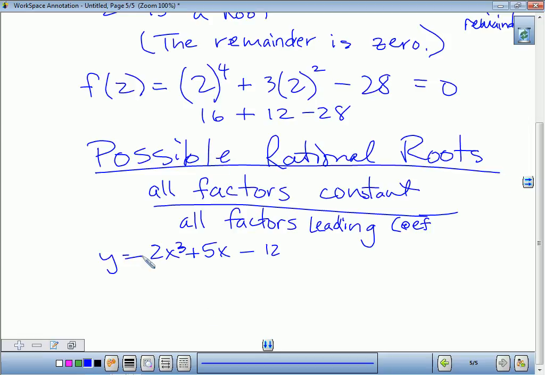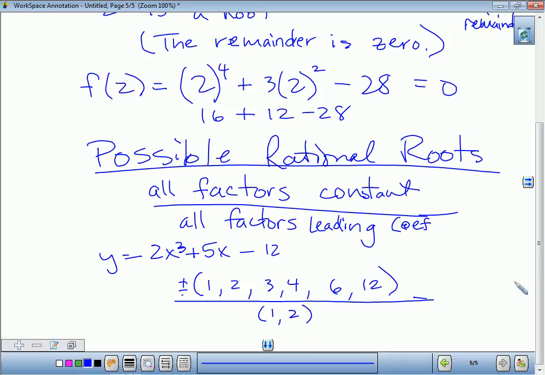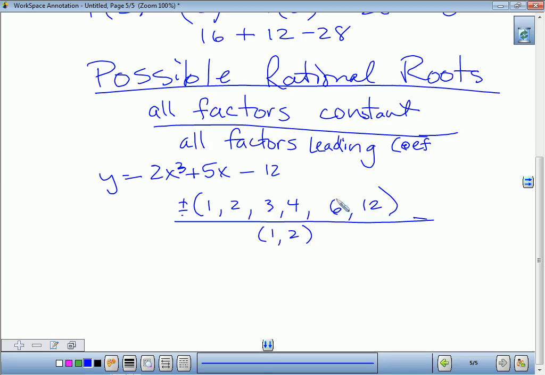Doesn't mean it is a root, but it's a possible. It would be all the factors of 12, plus or minus 1, 2, 3, 4, 6, and 12, all divided by all the factors of 2, 1 and 2. So dividing by 1 doesn't change anything.